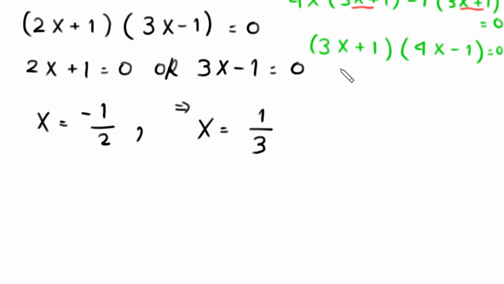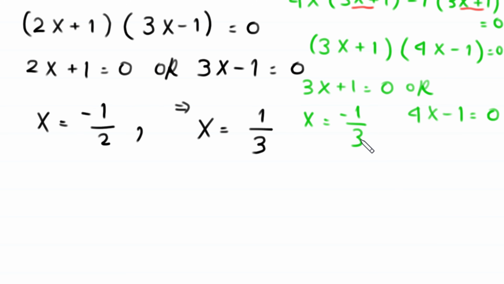Now using the zero product rule, either this expression 3 times x plus 1 equal to 0, or this second factor 4 times x minus 1 equal to 0. From this equation we get the value of x equal to negative 1 over 3, and from this equation move this negative 1 to the right hand side and divide both sides by 4.